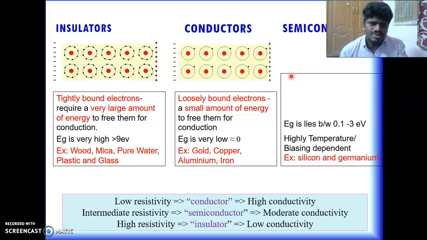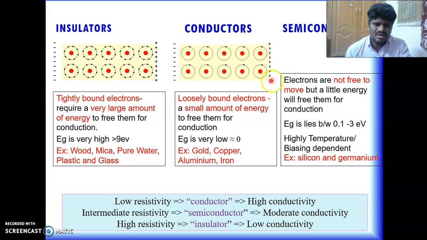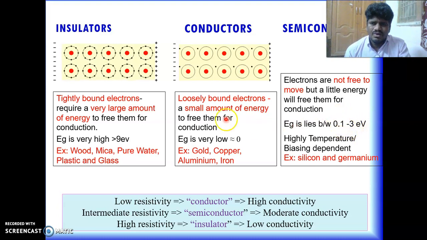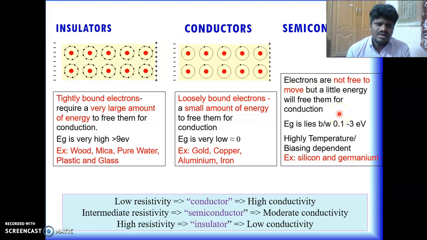Now come to semiconductors. Semiconductors behave intermediate between insulators and conductors because the energy gap lies between 0.1 to 3 electron volts, an intermediate value between insulators and conductors. Electrons are not free to move, but a little energy is enough to free them.